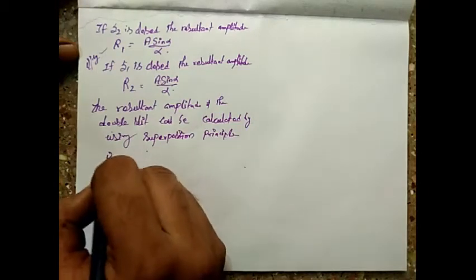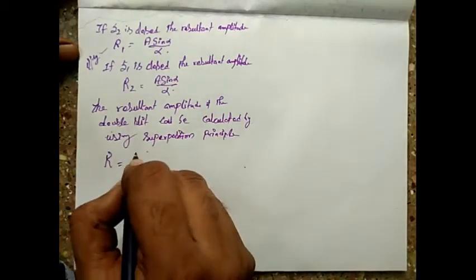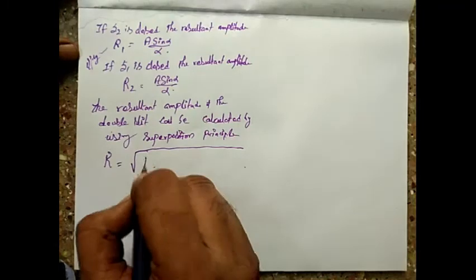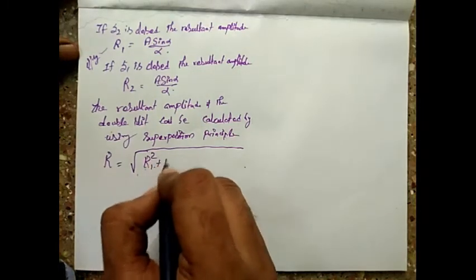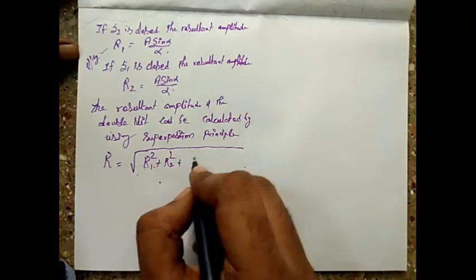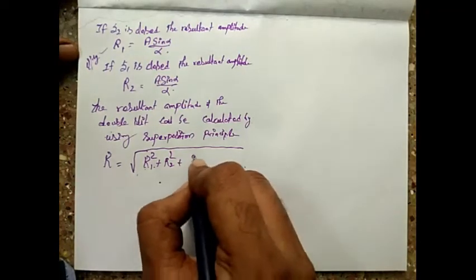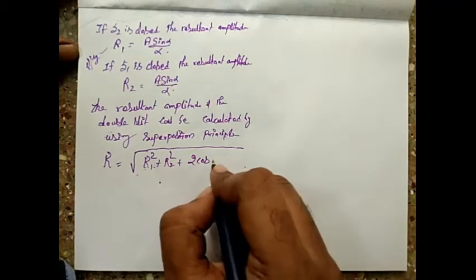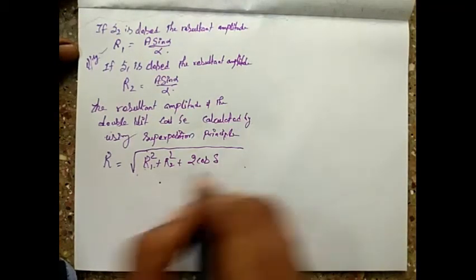So R is equal to the root of R1 square plus R2 square plus 2 R1 R2 cos delta.